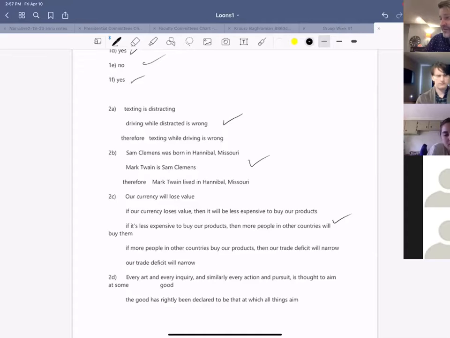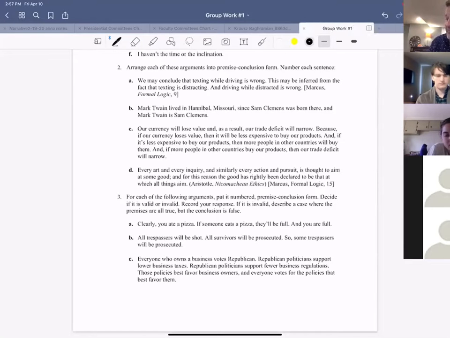And I think also the fact that we have built into this "as a result of" suggests that our currency will lose value is in some way leading to this other thing, right? So it suggests that there's this kind of relationship of the first necessitating the latter that's built into that.